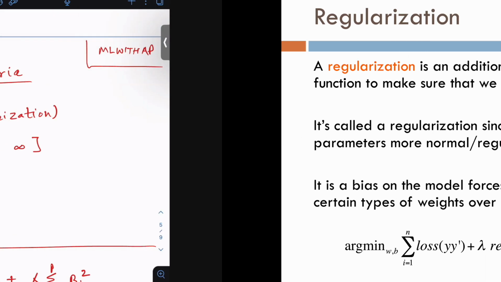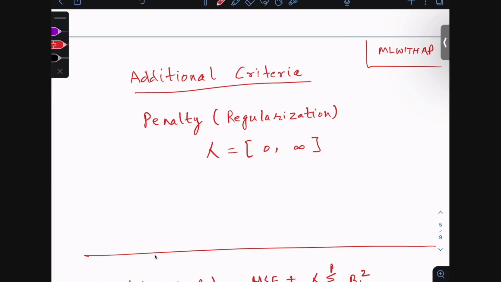Now let's see over here. Just to solidify our understanding of the additional criteria, this is the penalty term, lambda. Our initial term will be the loss, and this loss could be RMS or MSE, anything.